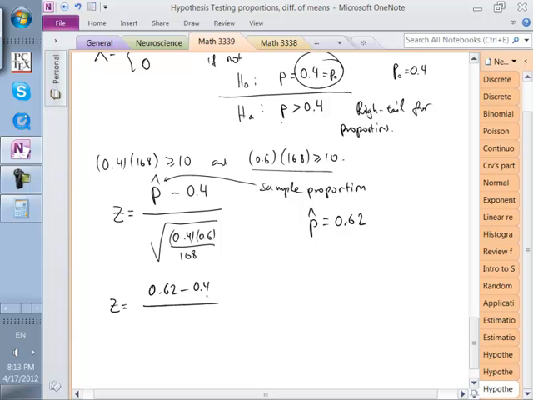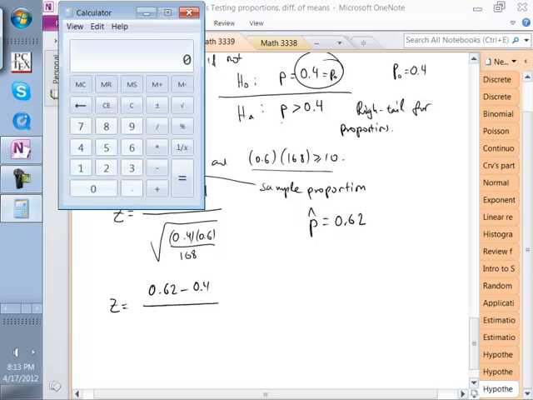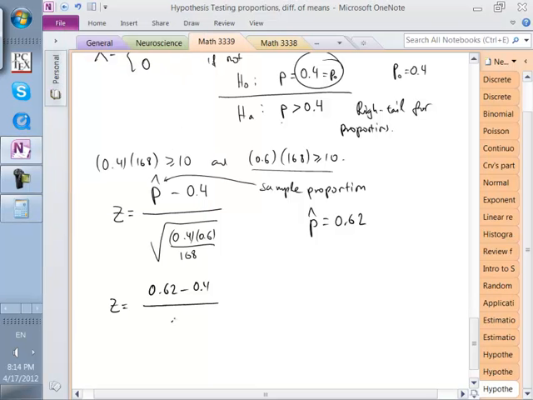So now we calculate the value of the statistic. So we'll put 0.0378.